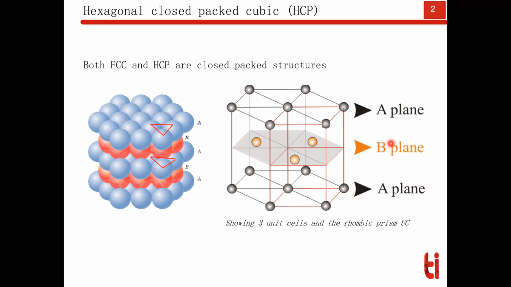So if now I make a solid that is made out of this kind of unit cell, your configuration will be A basal plane, on the top of that you have B, then again there is a repetition A, on the top of that you have B, then A, and so on and so forth. So B goes in the valley of A, A goes in the valley of B, and the process continues to repeat itself. I hope now the structure is clear.